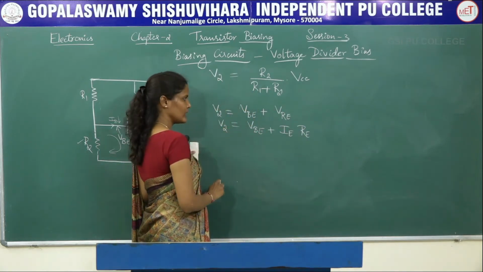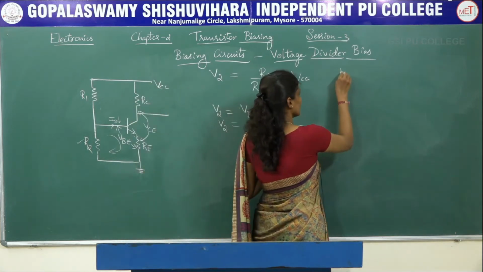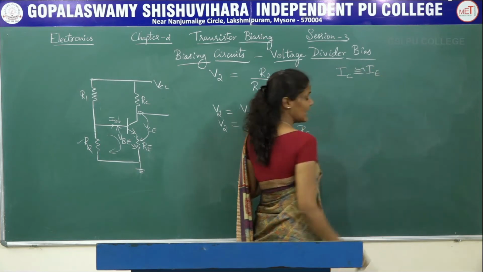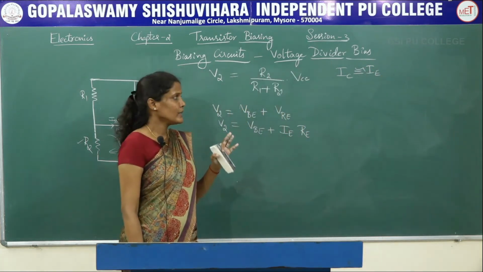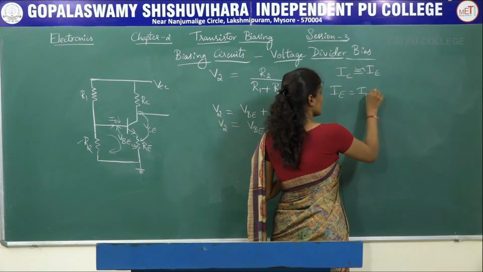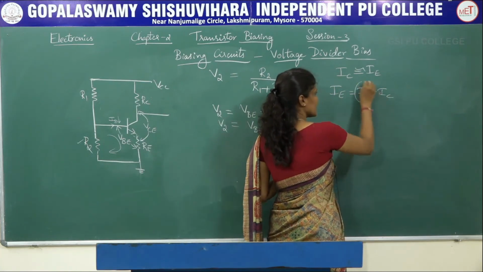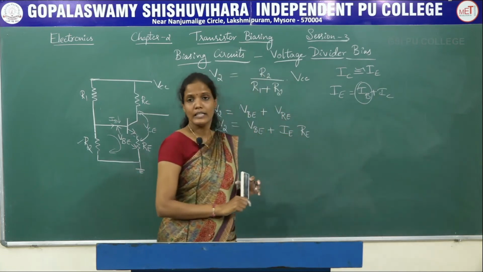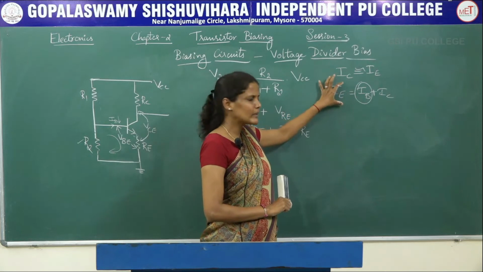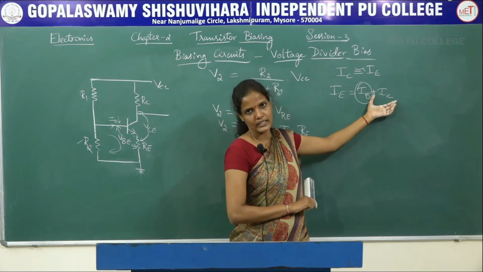So this is equal to V2. But we know that IC is approximately equal to IE. Why? The emitter, I already wrote this formula, IE is equal to IB plus IC. Since this IB value is small because it is lightly doped, the IE value will be approximately equal to collector current.